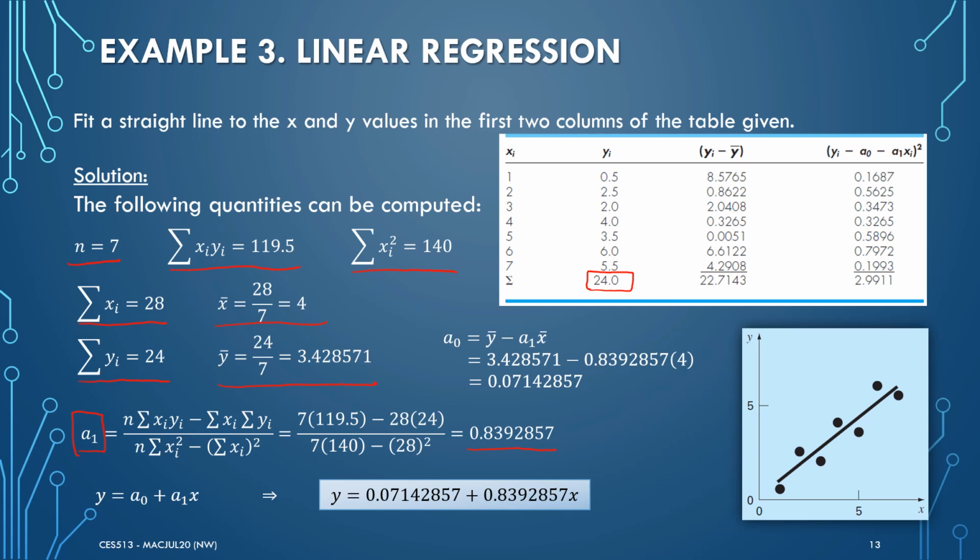And then we substitute back into the first equation to get a naught, which is equal to y bar minus a1 x bar. Then we will get 0.07142857. Substitute back the parameters value for a naught and a1.